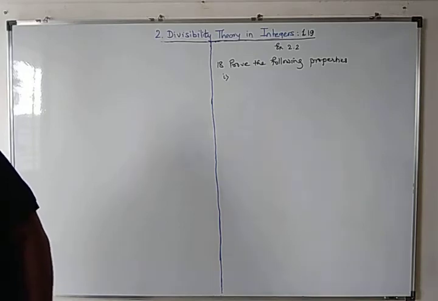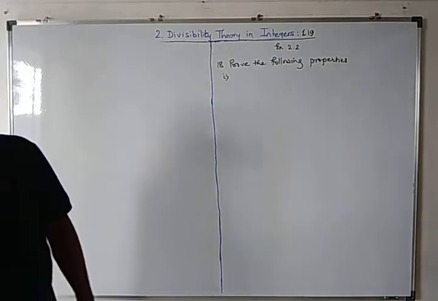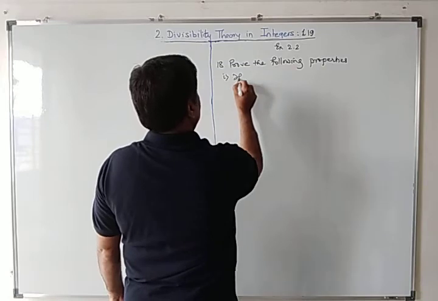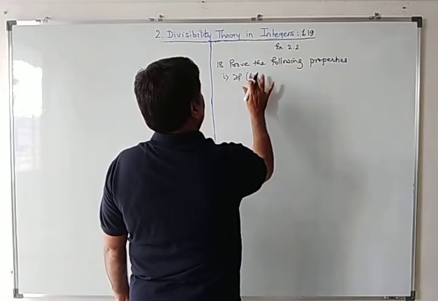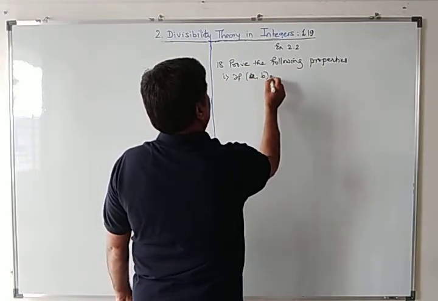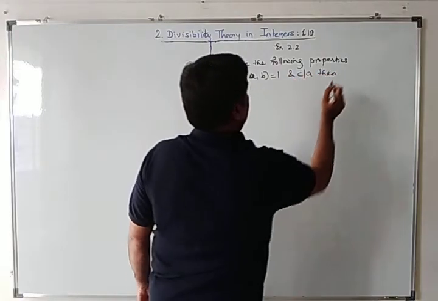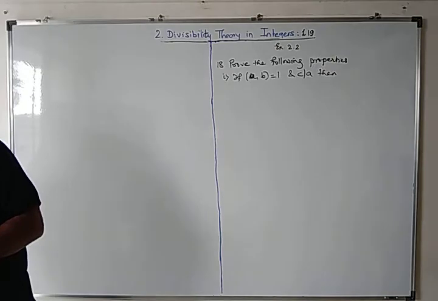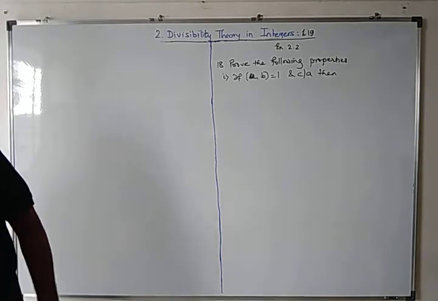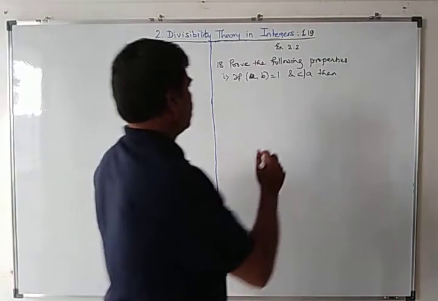In that one, first: if GCD of A, B is equal to 1 and C divides A, then GCD of B, C is 1.